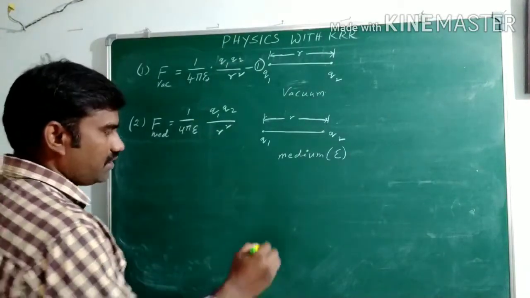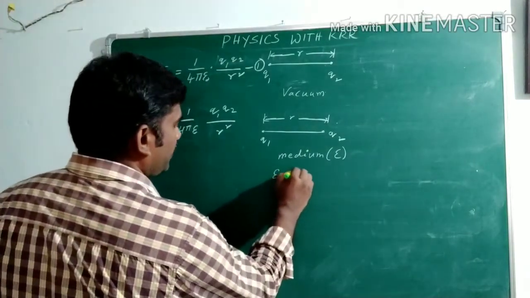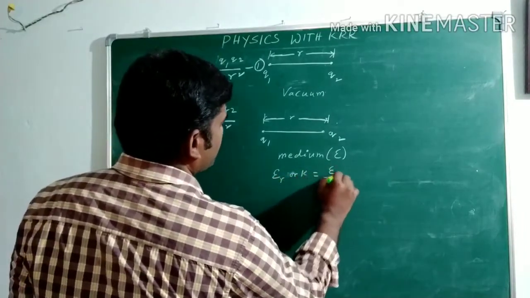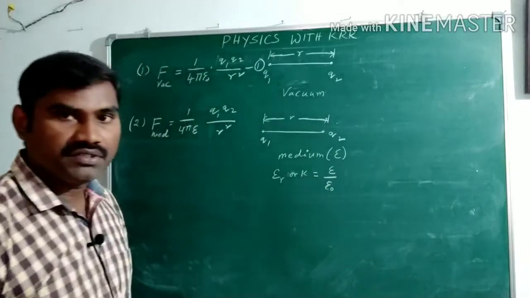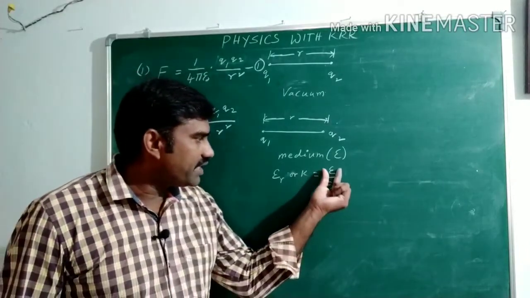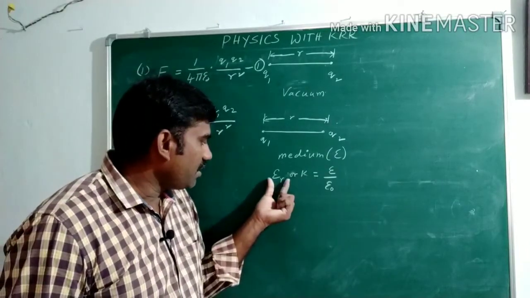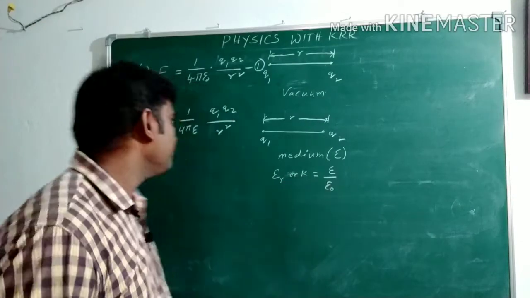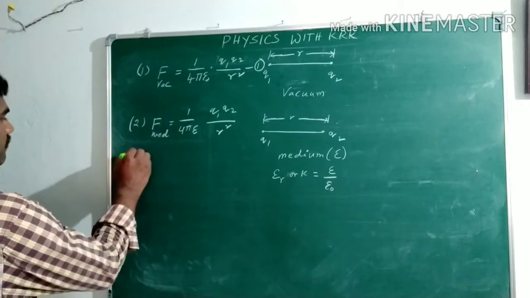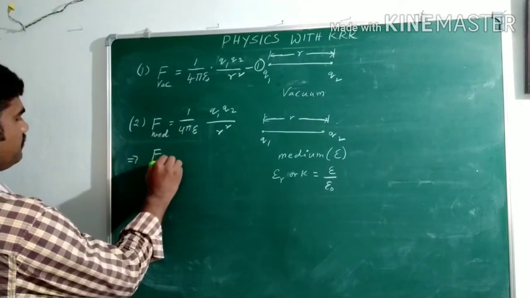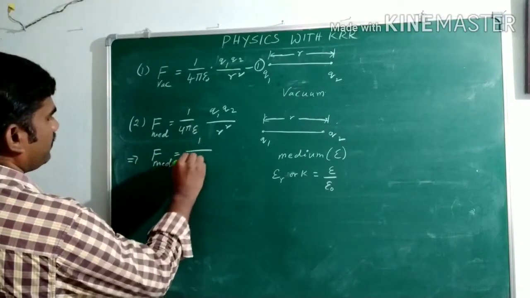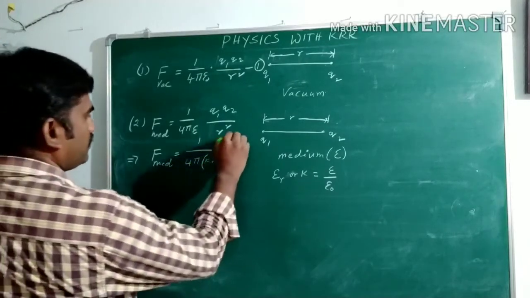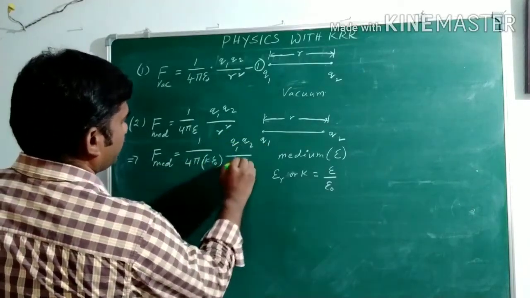Now we know dielectric constant or relative permittivity epsilon r, or k, is equal to epsilon by epsilon naught. So from this relation we can write epsilon is equal to epsilon r, or k, into epsilon naught. Now from this F medium will be equal to 1 by 4 pi k epsilon naught Q1 Q2 by r square.